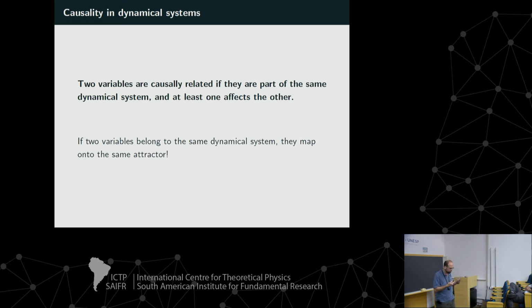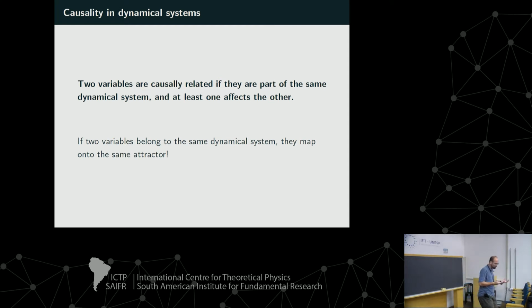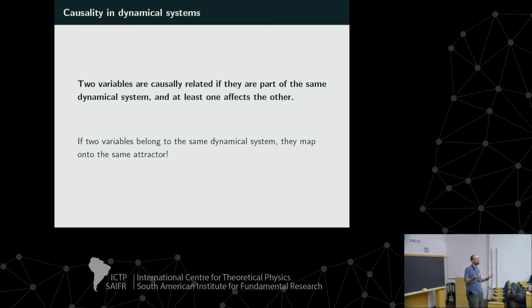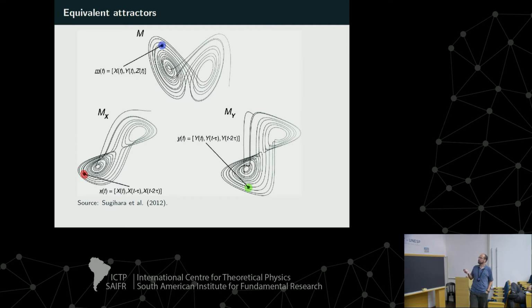How do you map one variable onto another? This is essentially the idea I just said. You have the reconstructed attractor from the X variable, from the Y variable, and this is the original one. If I have a region here that maps here and another that maps here, then this maps onto this.